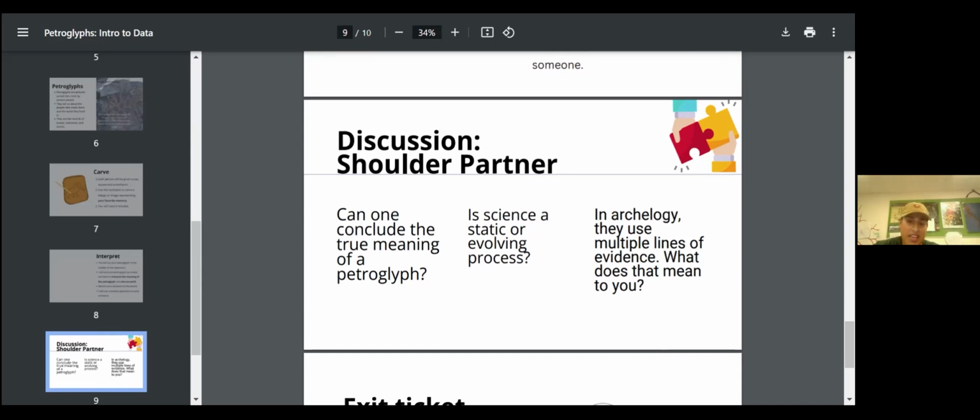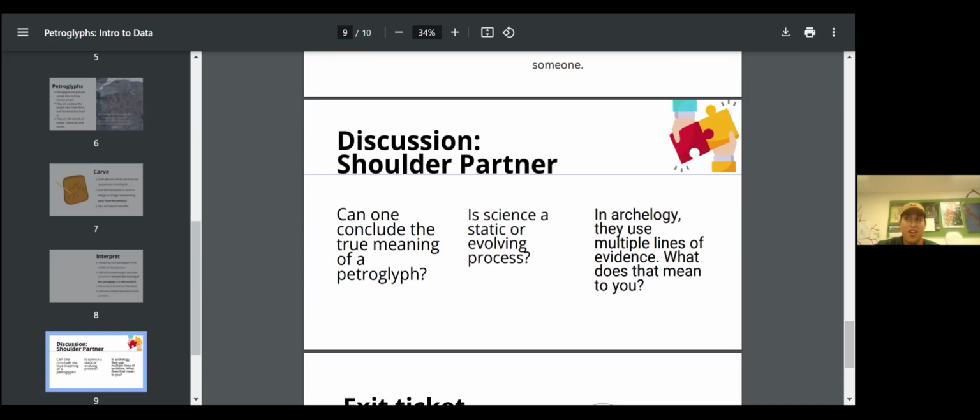And with these questions, I want them to really start thinking about how science is not always perfect. You're not always going to have a true meaning, or you can't really conclude something, but that's okay. And that's what they got from it. They realized, even though you might have stories about the petroglyph, even though you might have different evidence that points to a meaning, you really don't know because you're not the person who carved it.